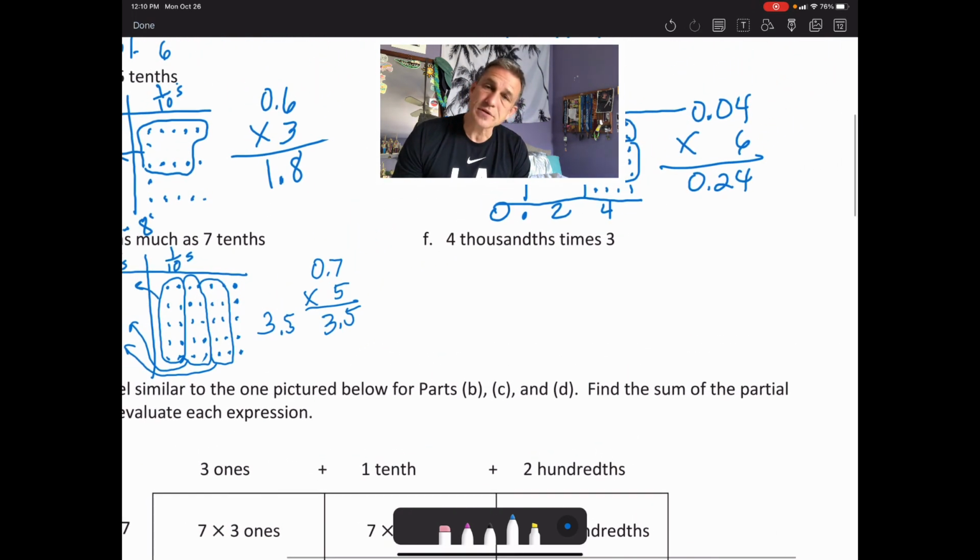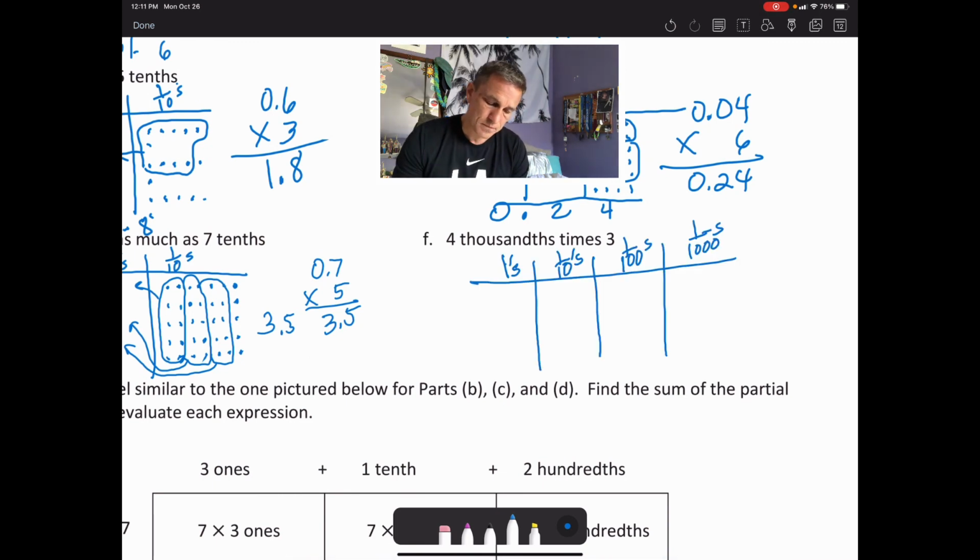And the last one in this section is 4 thousandths times 3. I'm going to do 4 thousandths 3 times. 1, 2, 3, 4. Once, twice, 3 times. All right, I have 12 thousandths, so I'm going to take 10 of those and bundle them into 1 hundredth.